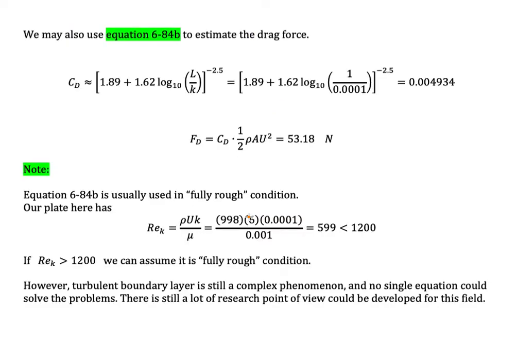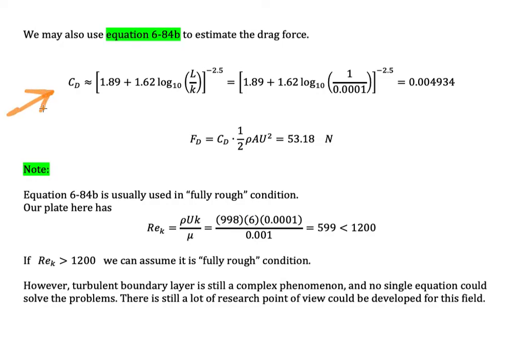Also, if you read the textbook, it is hard to define roughness, whether it is fully rough or intermediate rough and so on. If the surface is rough, another estimation of CD can be done by using this equation.